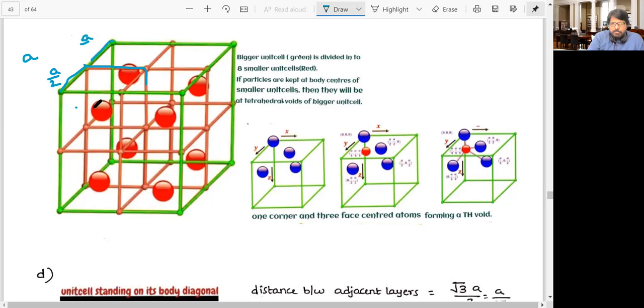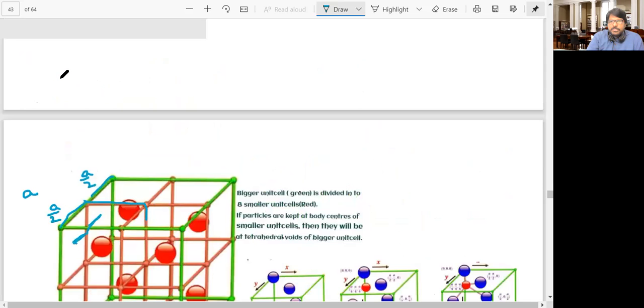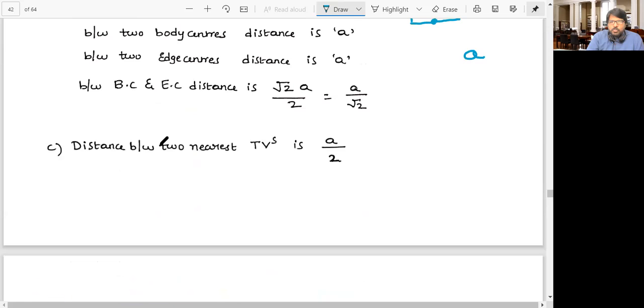Now I am taking the body center, somehow here parallel to this. And this distance will be half of A by 2. So that is A by 4. And here also this is A by 4. A by 4 plus A by 4, that is A by 2. So the distance between two nearest tetrahedral voids in CCP unit cell is A by 2.